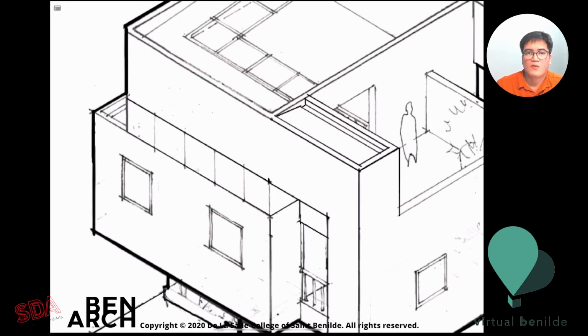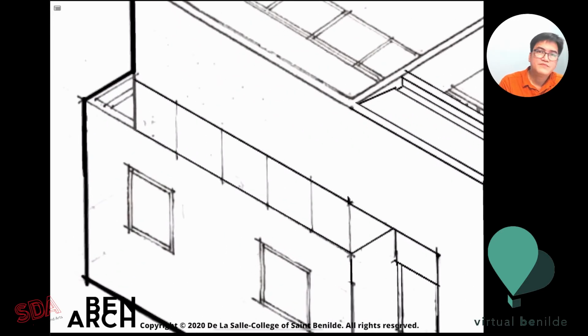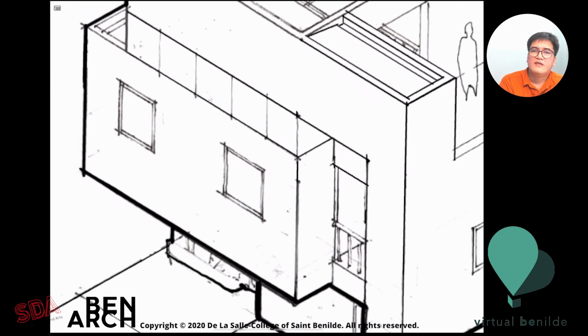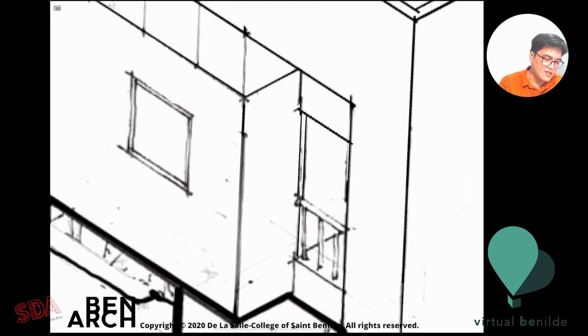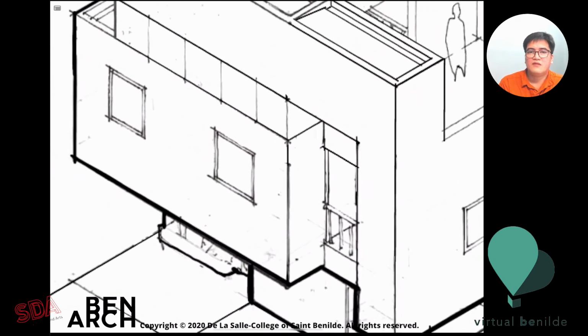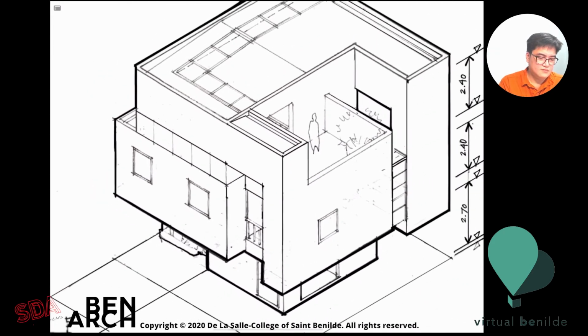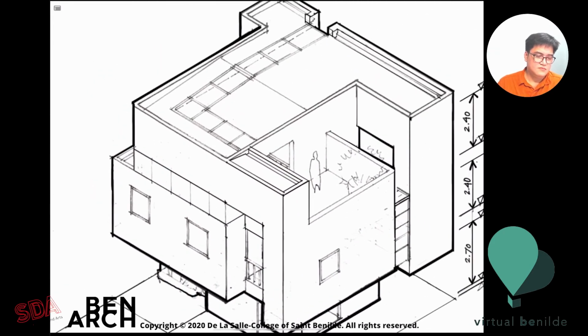For example, these square windows here. And then I use also the voids as openings for windows. It's exactly a translation of a sculpture and then turning into architectural drawings.